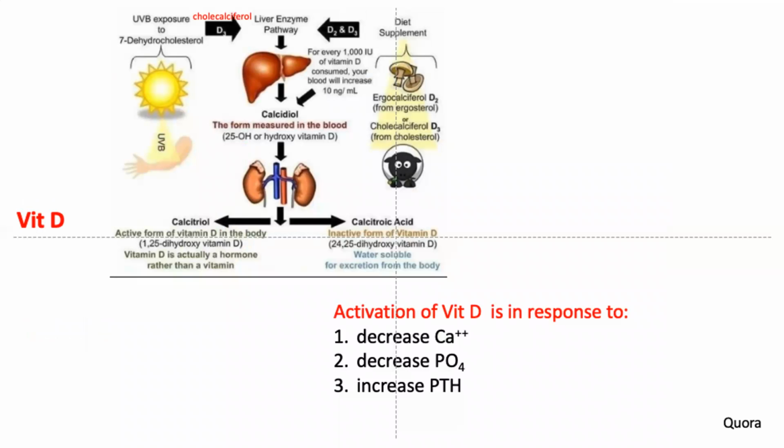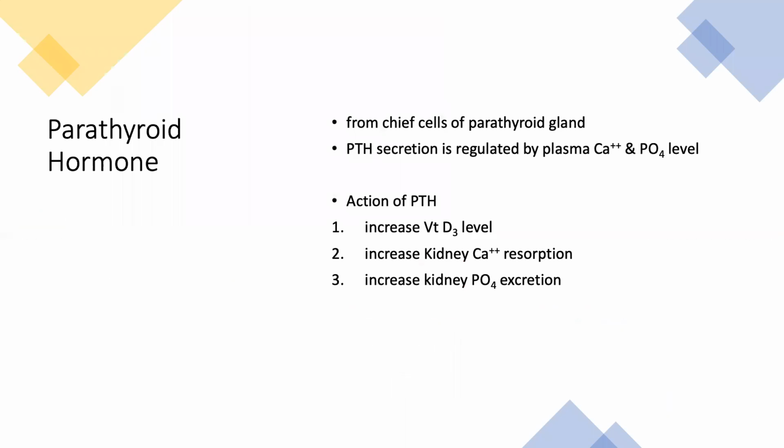The activation of vitamin D occurs in response to decreased calcium, so that is a feedback mechanism. When there is reduced calcium in the plasma, vitamin D activation will be increased. When there is reduced phosphate, vitamin D will get activated. And when there is parathyroid hormone, we get the active vitamin D.